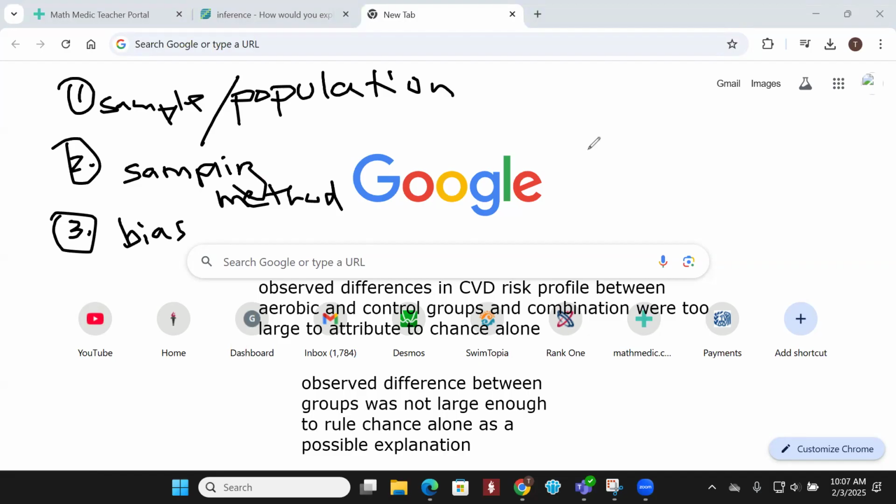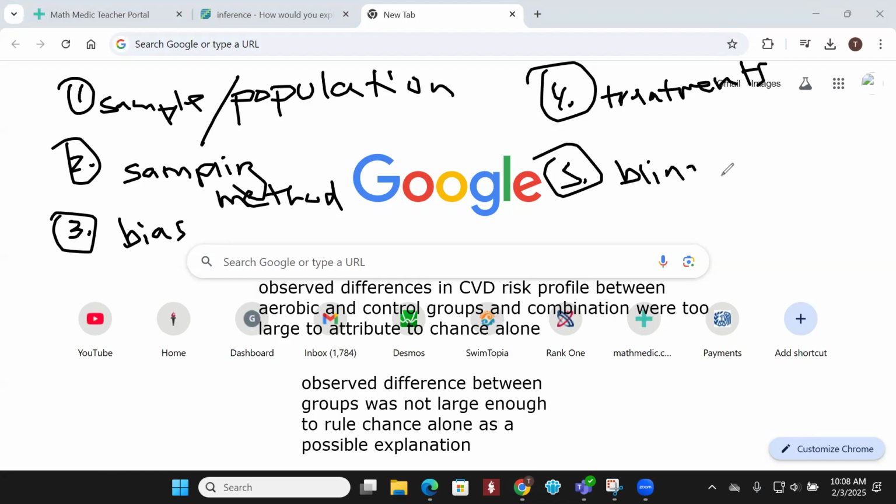Be able to identify treatments and how many are occurring. You need to know what a blind experiment is and how to use it, who is blind, what's a single blind versus a double blind.